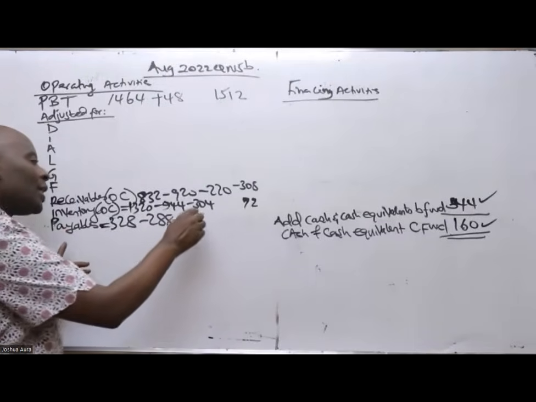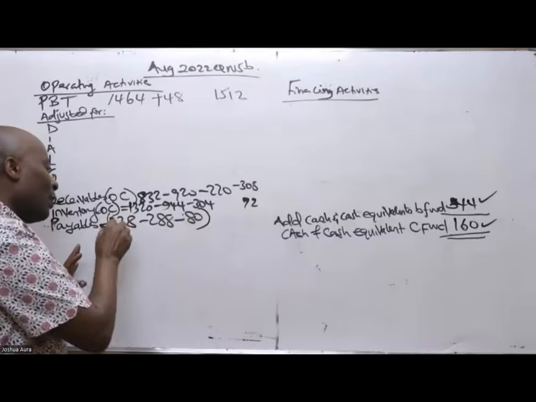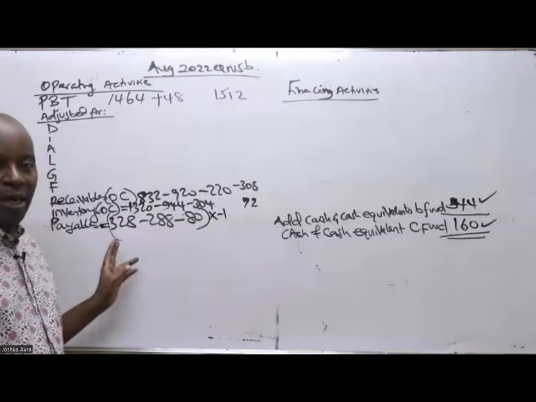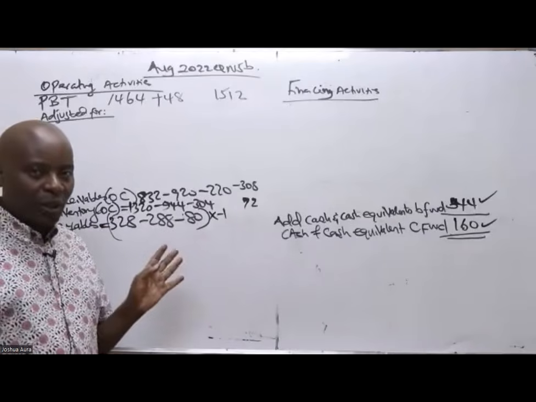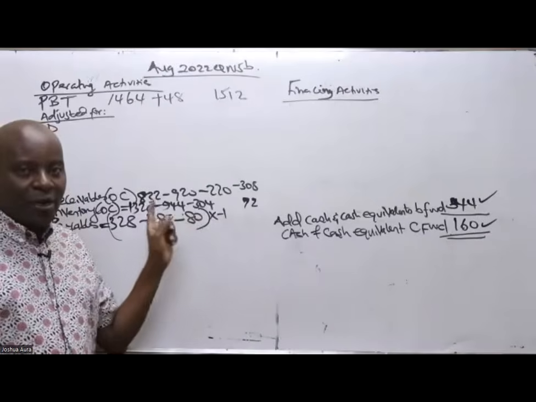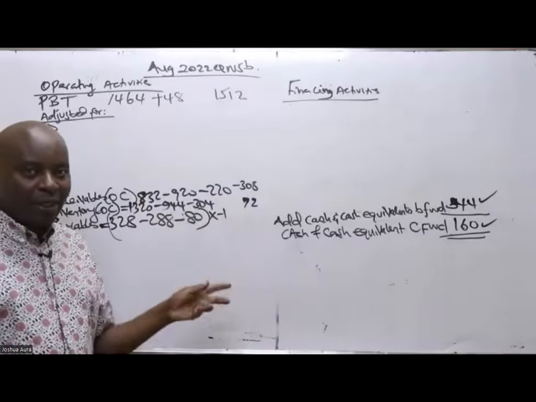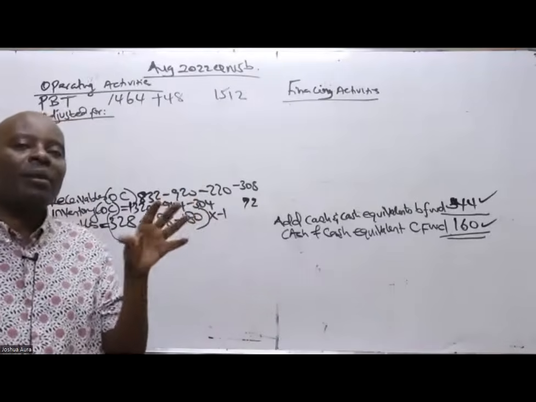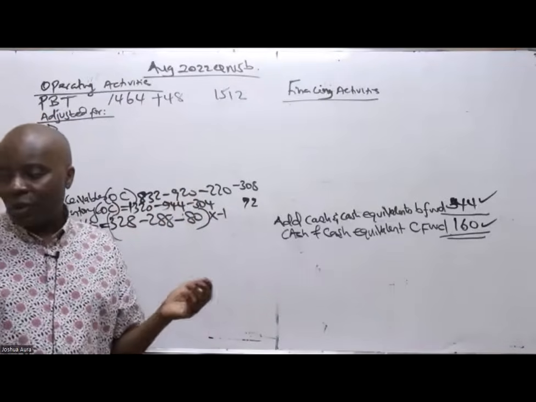Whenever you get answers for liabilities, you must reverse the sign by multiplying them with -1. Only liabilities. That way you avoid that language that the payables have increased, blah, blah, blah. We don't want that language.